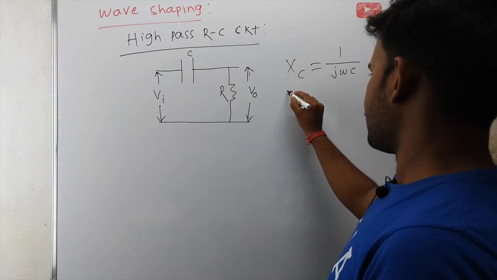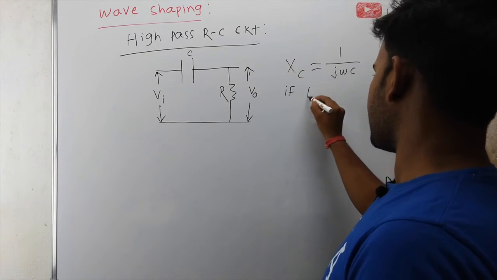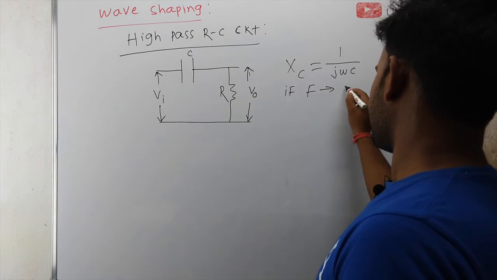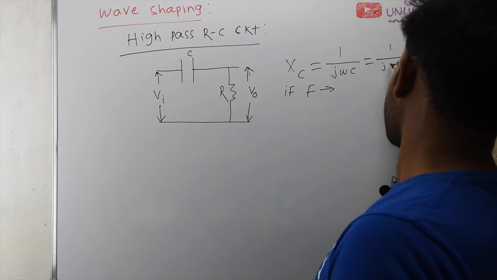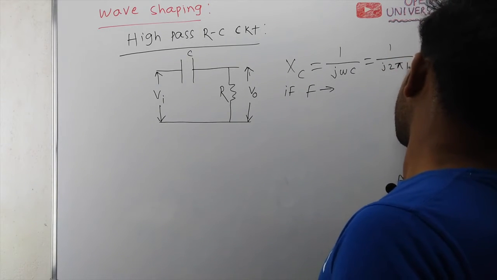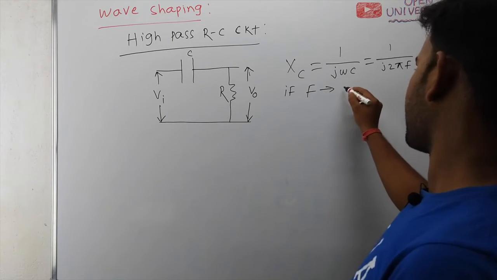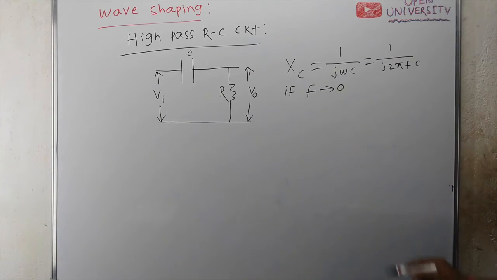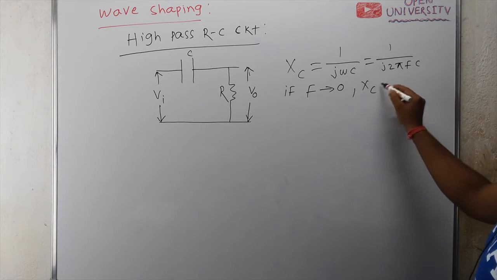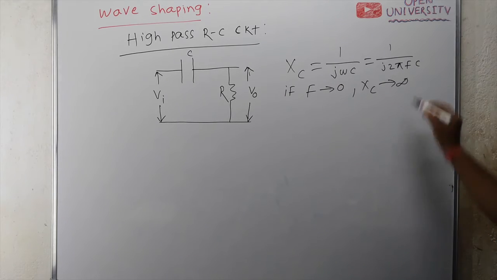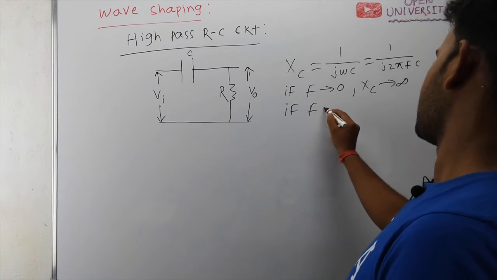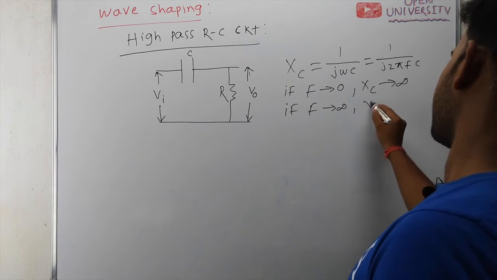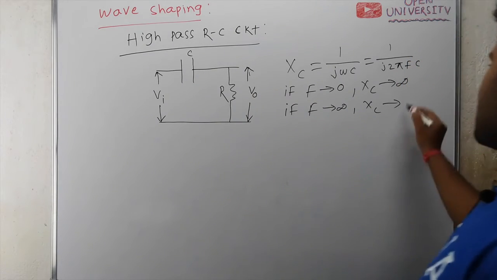If the input frequency, which I can write as 1 by j 2 pi fC, tends to 0, then Xc tends to infinite. If input frequency tends to infinite, then Xc will tend to 0.